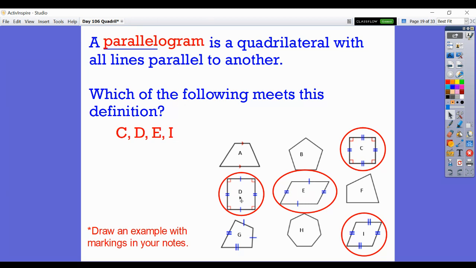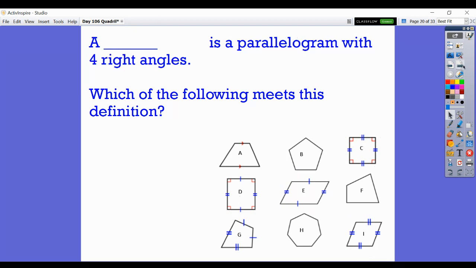They should be in your math notebook so that you can go back and refer to them. You can go back and pause this and copy as you need to. A blank is a parallelogram with four right angles. Remember, we discussed what a right angle was. Which of the following meets this definition? Pause, answer, come back when you have the answer.